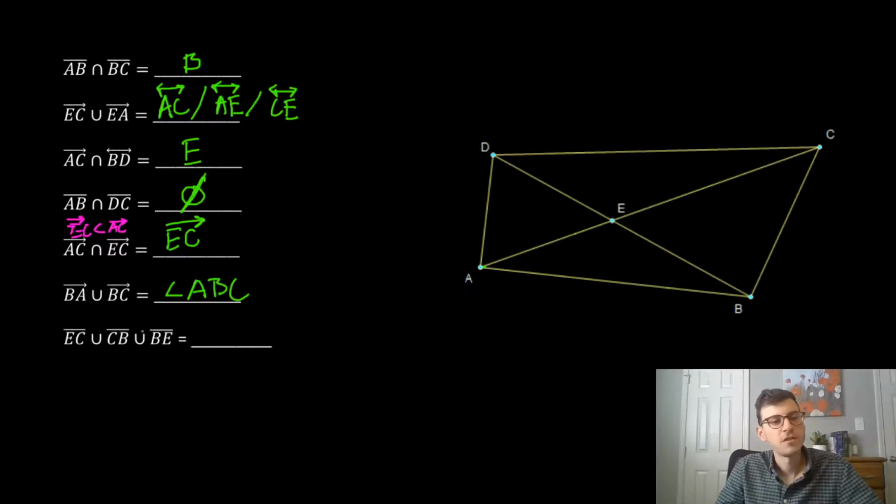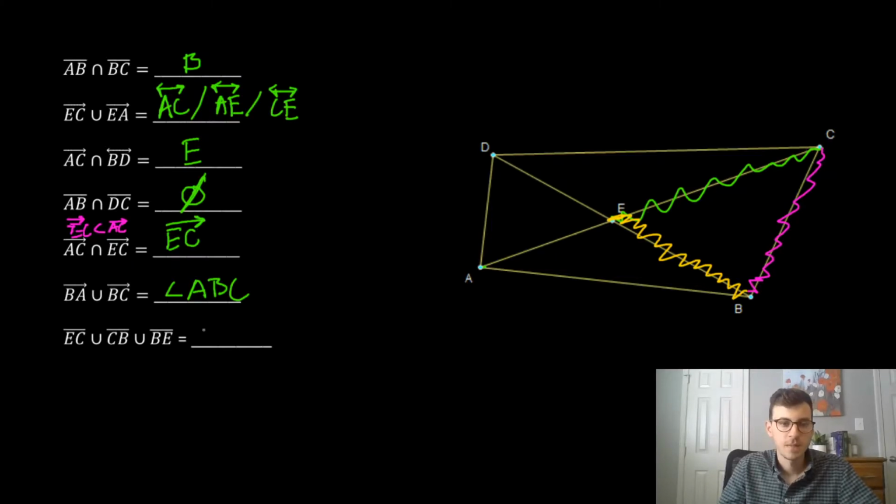Okay, last but not least, we've got a three-parter. The union of EC and CB and BE. Well, if I were to take all three of those and union them together, I create a nice triangle.